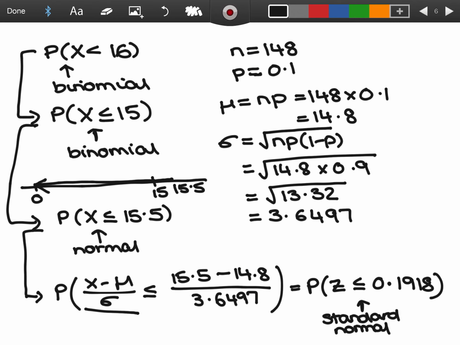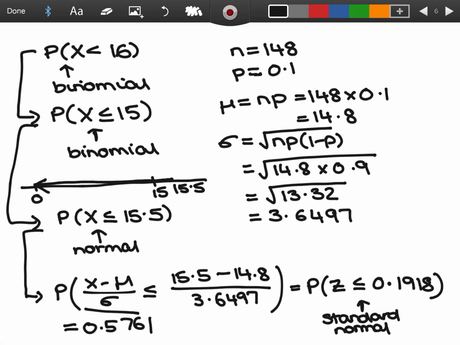Now my upper bound is 0.1918 and my lower bound is -10. My mean is now 0 and my standard deviation is 1, because going from normal into standard normal, all I have done is pull it back to give it a mean of 0 and a standard deviation of 1. If we figure that out and click enter, this is equal to 0.5761.